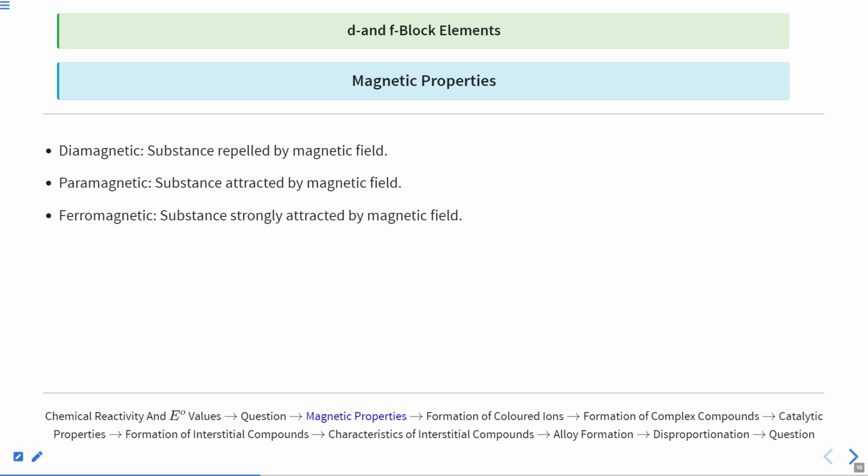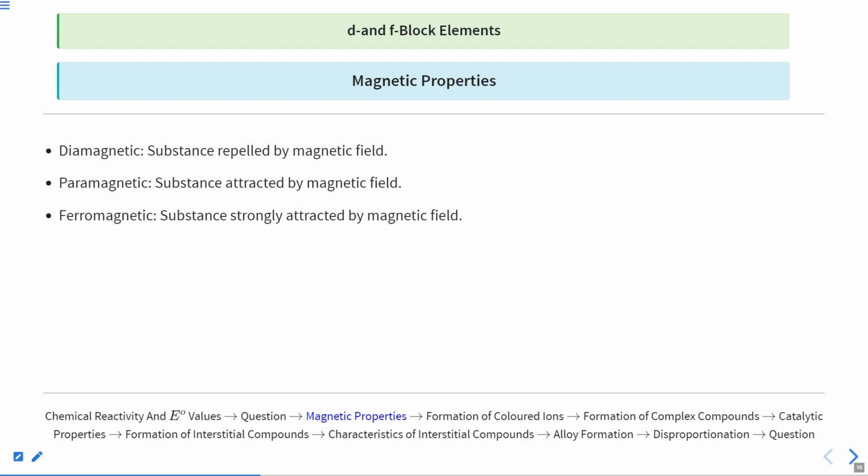Now we'll talk about magnetic properties. Before moving to them, we must see what types of magnetic behavior can be shown by an element. First is diamagnetic: such substances tend to be repelled by the magnetic field, moving away from it. Second is paramagnetic: substances which are attracted by the magnetic field.